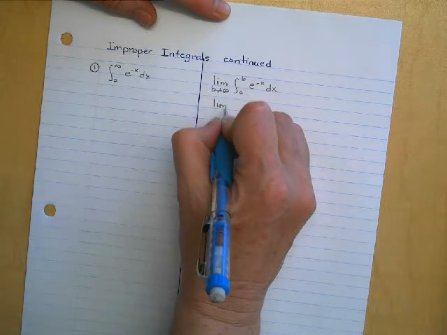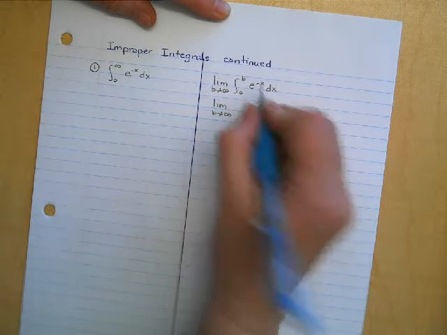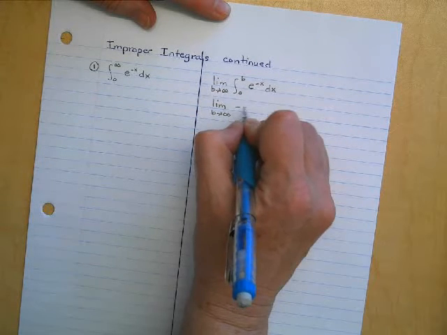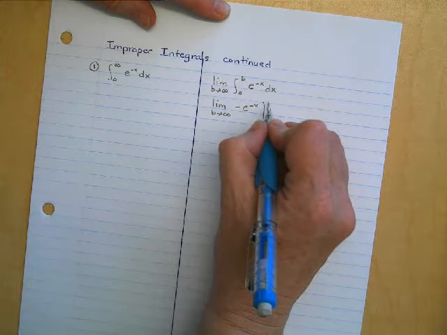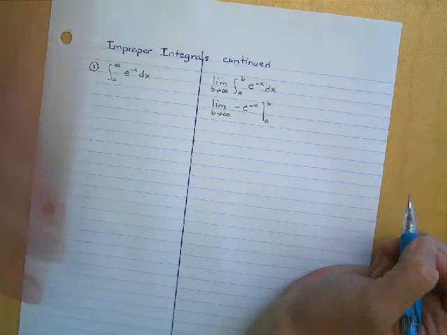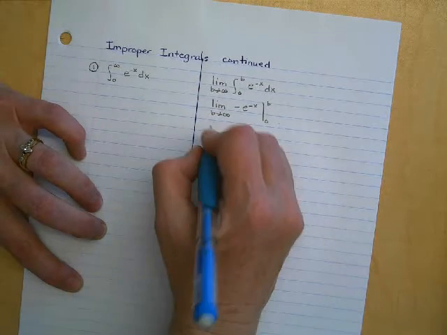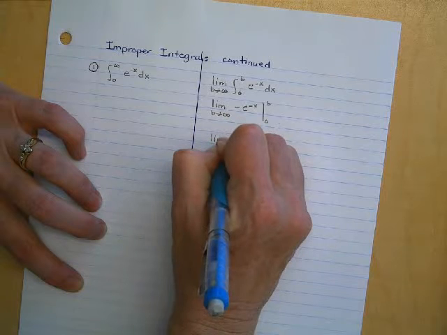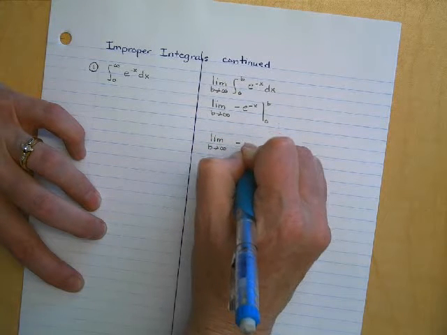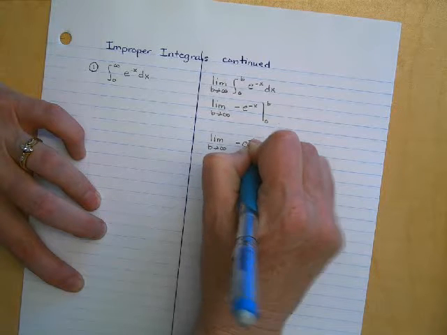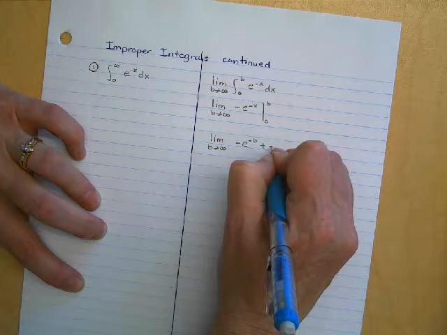I'm still going to write down the limit as b approaches infinity. The integral is negative e to the negative x, and I have to evaluate that at b and at 0. I'm going to make sure I do this part first, and then I'm going to find the limit. So I have the limit as b approaches infinity of negative e to the negative b minus negative e to the 0, so that's going to become plus.